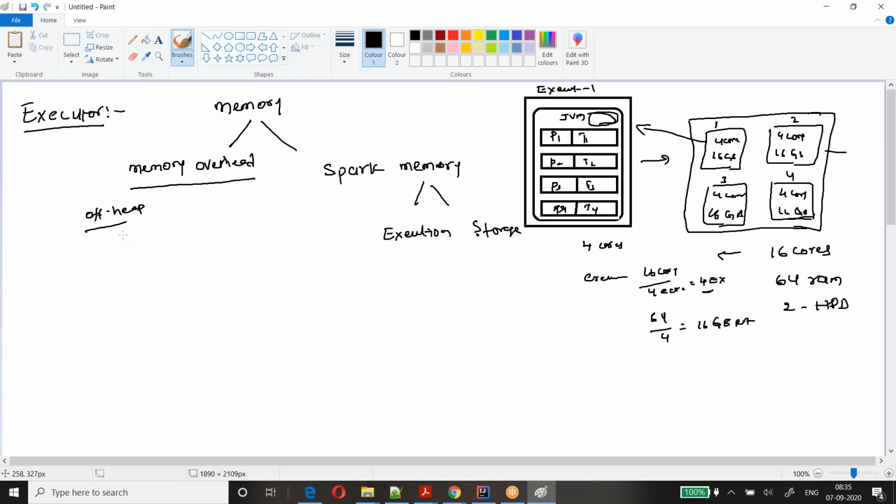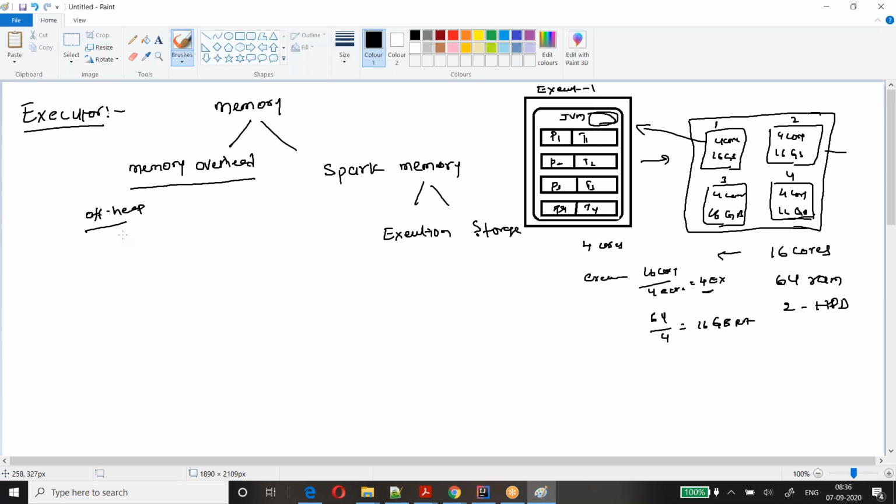So unused or not frequently used objects will be kept there. Otherwise, if it's normal memory, the garbage will be cleaned up, and whenever it's required, it will be recreated again. To avoid that recreation and clean-up process, we put them into off-heap memory. Is this clear?